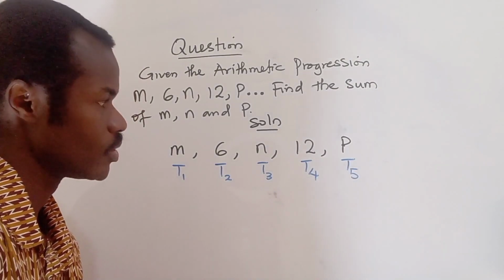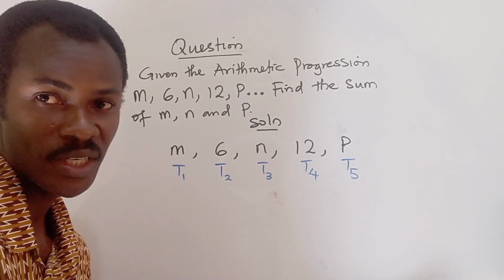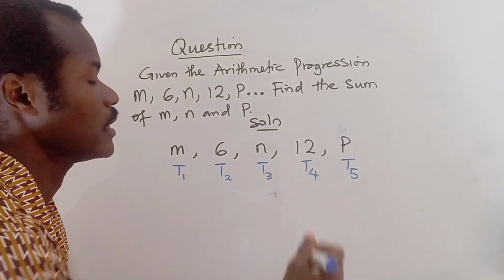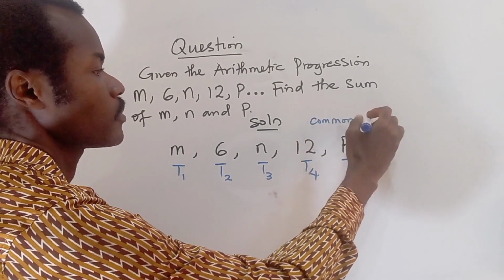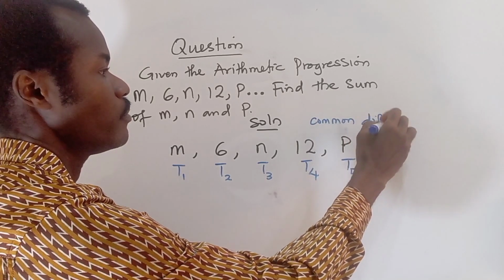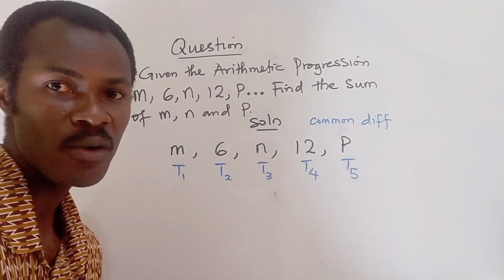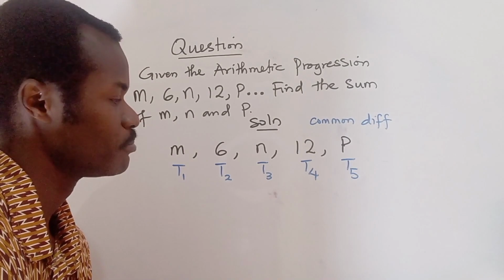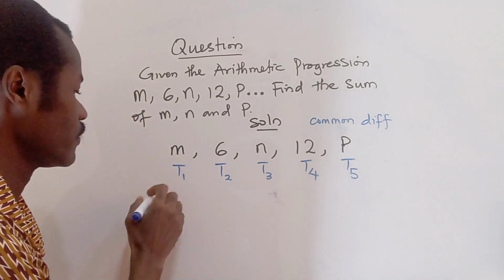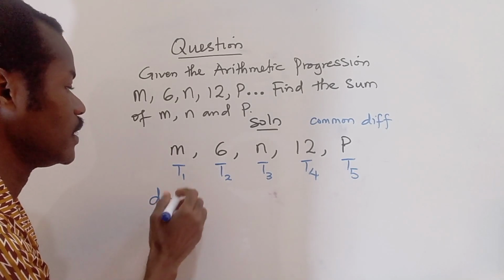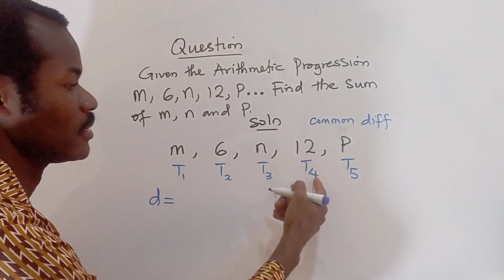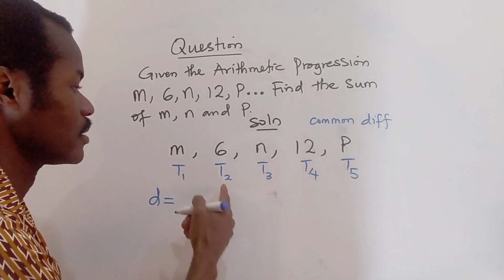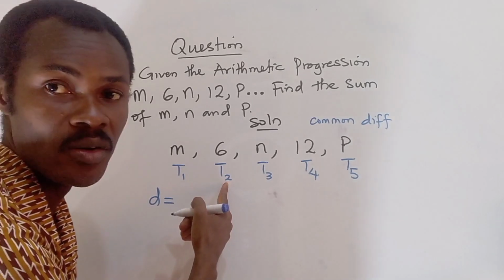Like I said, the first method is the common difference method. What do I mean by that? The common difference D is this minus this, this minus this, and so on. Let's start with the second term.